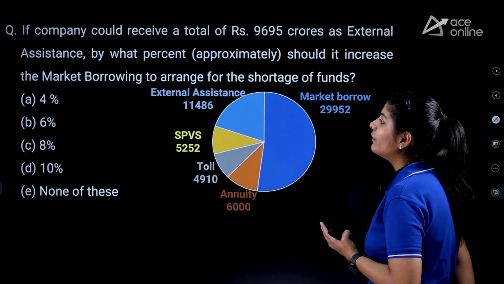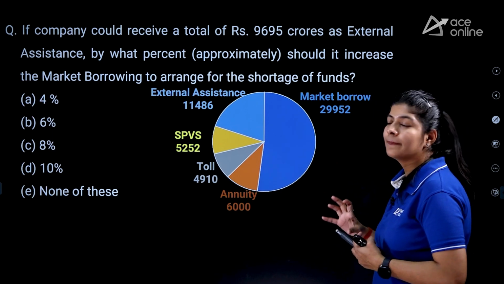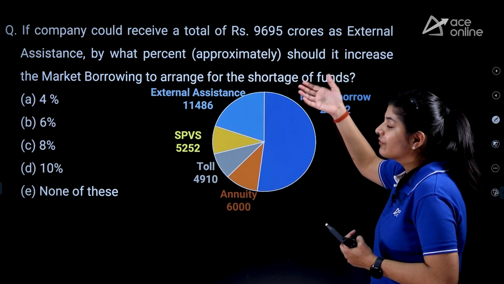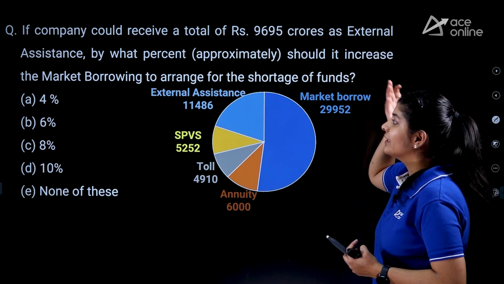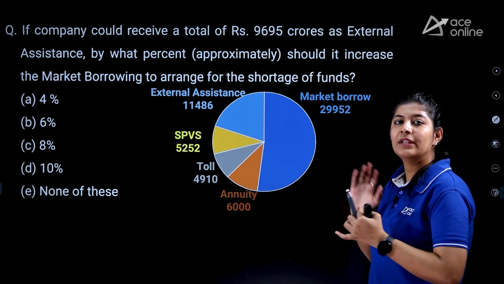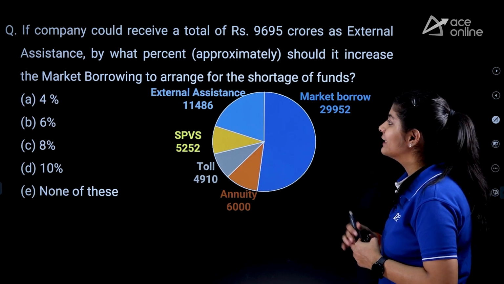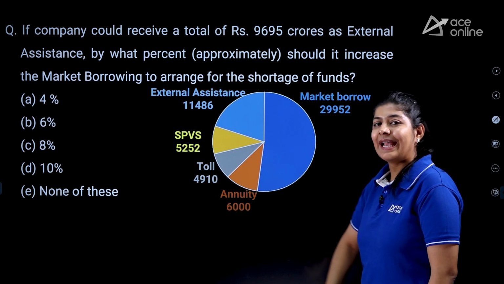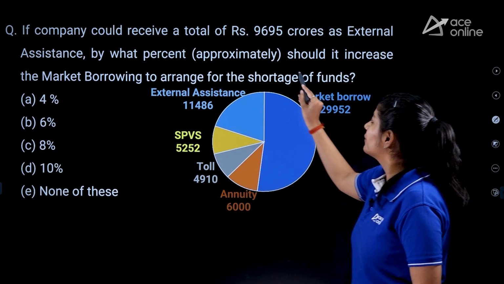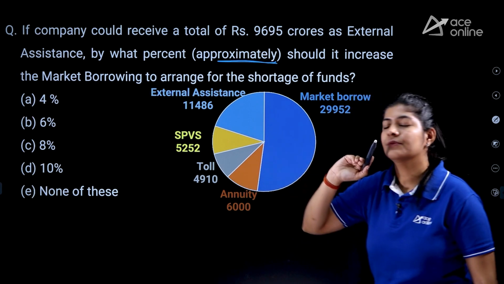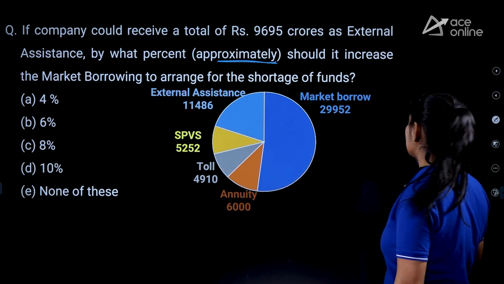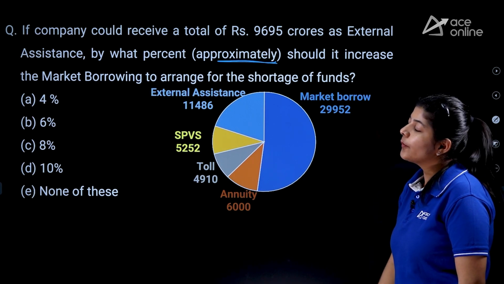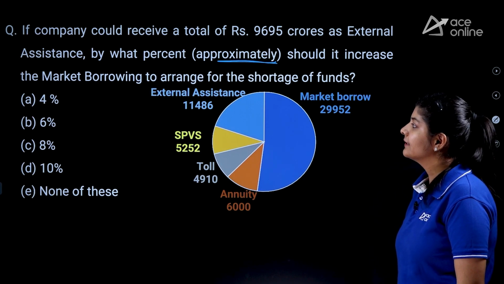Now what we have to do is find out the approximate percentage by which we have to increase the borrowing so that we can fulfill the shortage of funds in this particular case. You are not going to determine the exact answer. All you need to do is the approximate calculation. So what is the correct answer for this particular case?